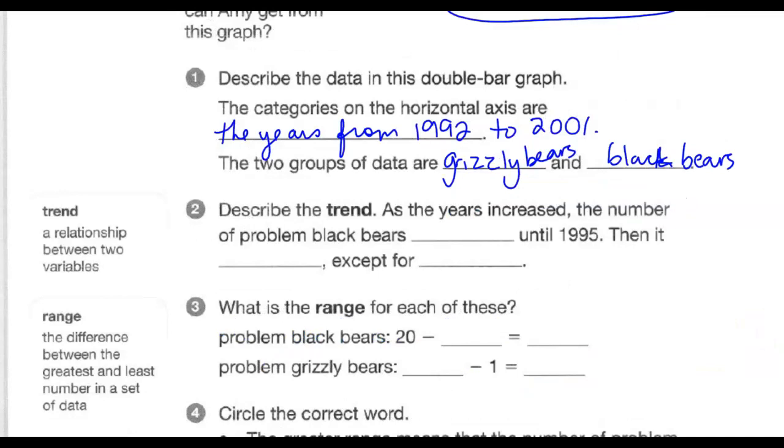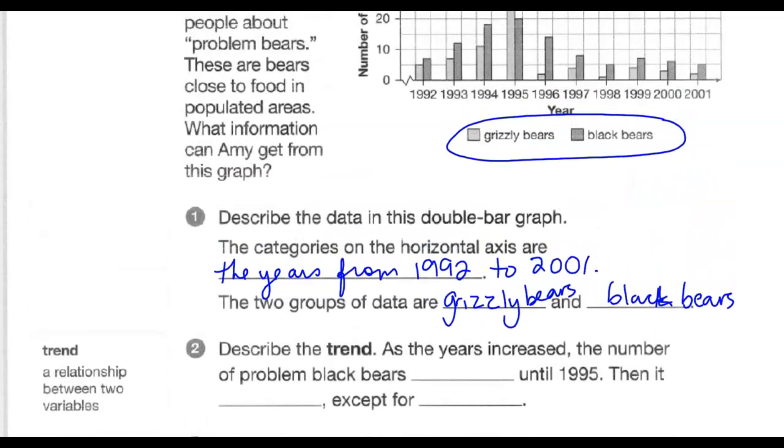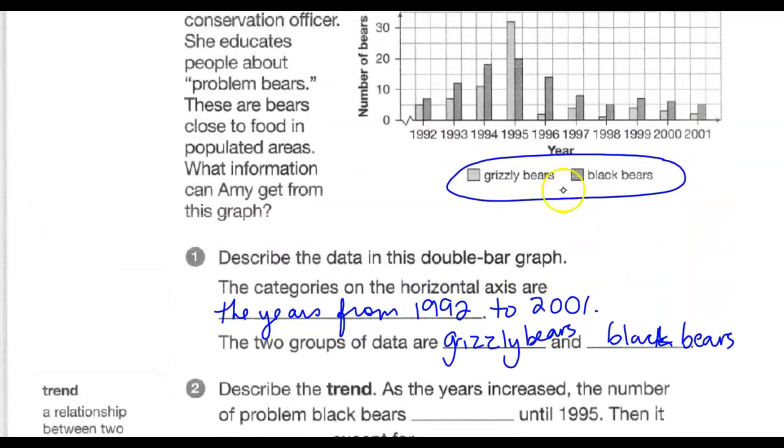Then it says describe the trend. As the years increased, the number of problem black bears did what until 1995? So the problem black bears is the darker one, so darker from 1992, got bigger in 93, bigger in 94, bigger in 95. So I would say the number of black bears increased as well.